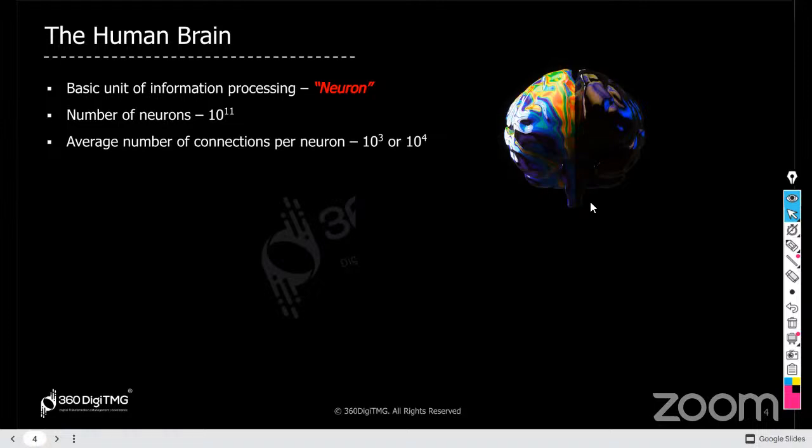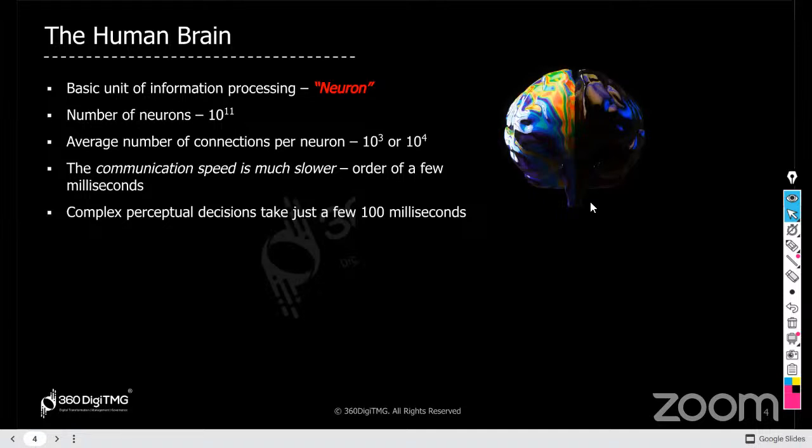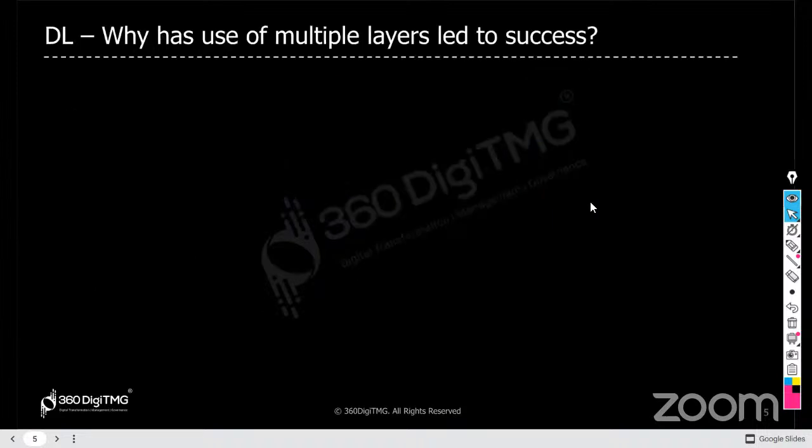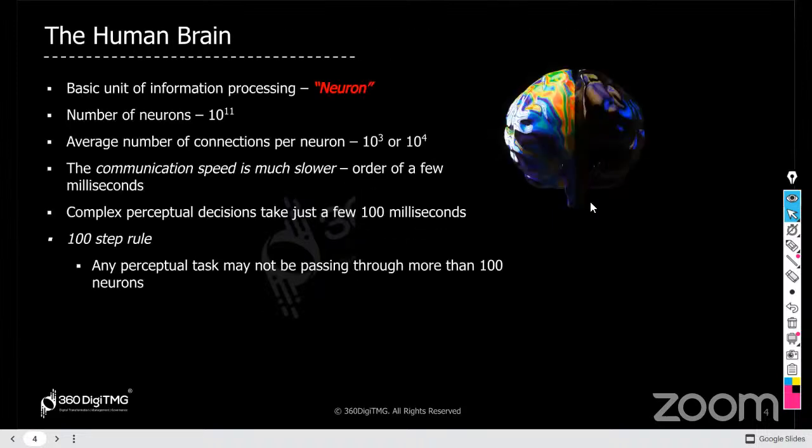The communication speed is very slow, on the order of a few milliseconds, and complex perceptual decisions take just a few hundred milliseconds. Perceptual decisions means when we are working on multiple things at the same time. It takes just around 100 milliseconds for each task. And there's the 100-step rule: any perceptual task may not pass through more than 100 neurons. Those are the basic things that you can go through.